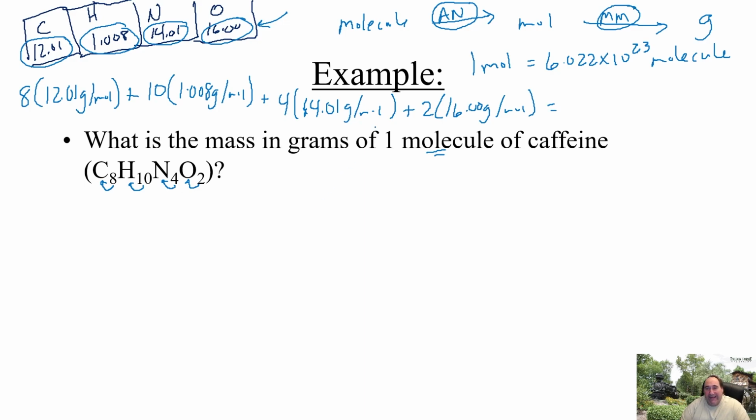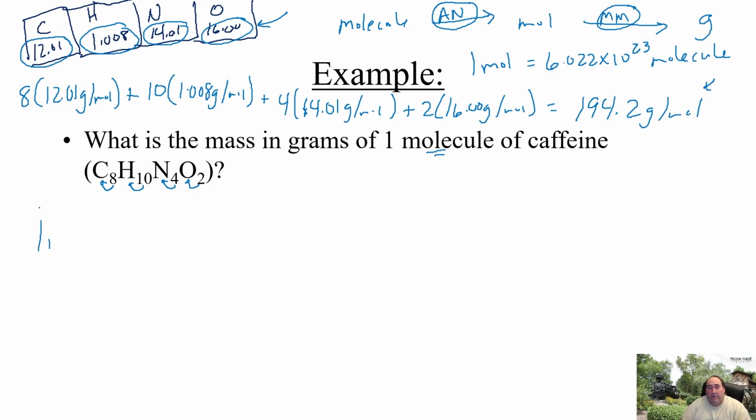Looks like 194.2 grams per mole. All right, so we got everything we need. Again, we could use this as a conversion factor, either grams over moles, or we could flip it in moles over grams. Remember, the number stays with the grams.